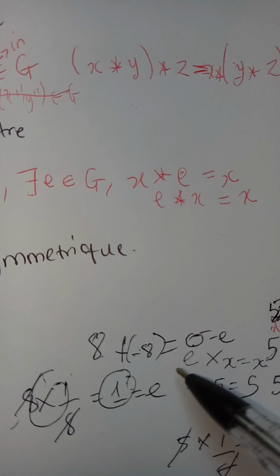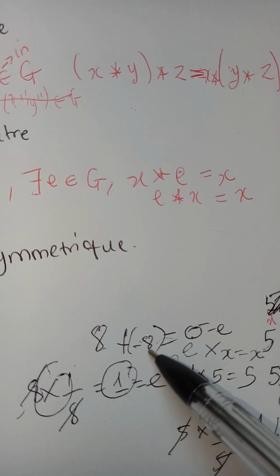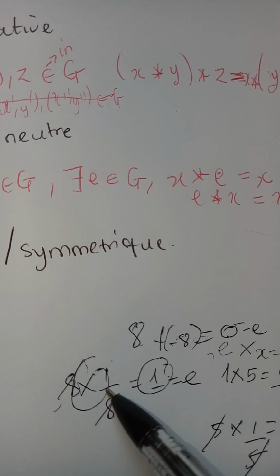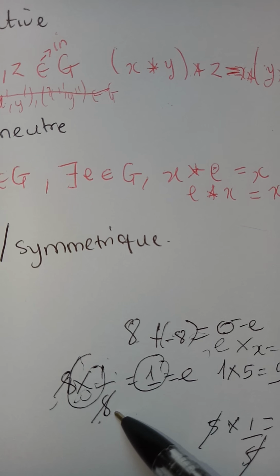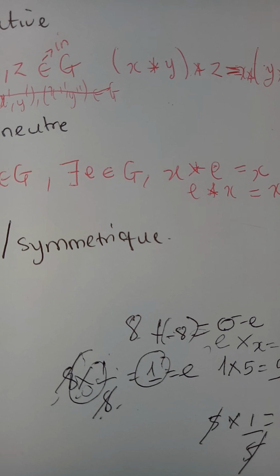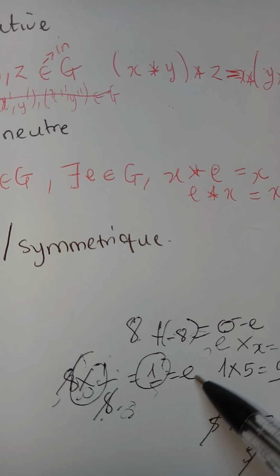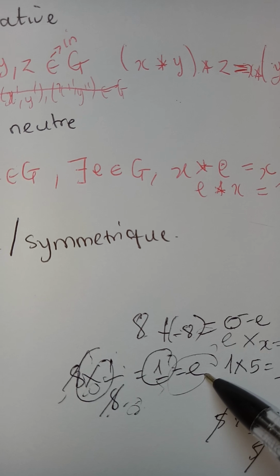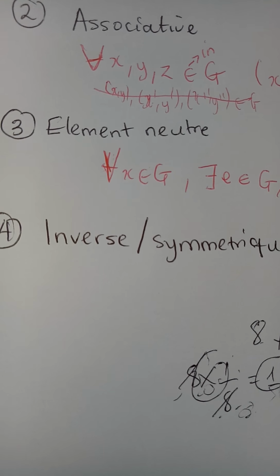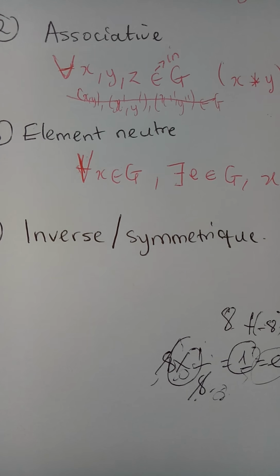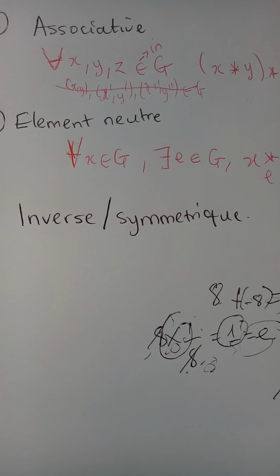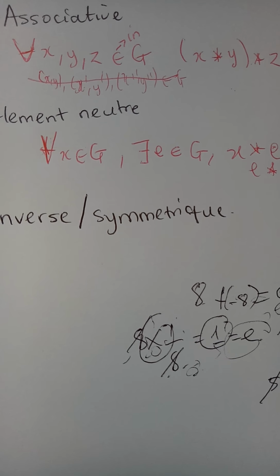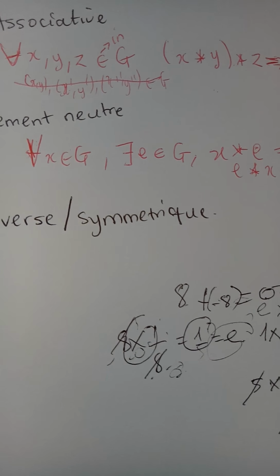So the symmetric or the inverse for 8 is negative 8. The inverse or the symmetric for 8 in multiplication is 1 over 8. And whatever you do with the symmetric, you will get the element neutre. That's exactly what inverse and symmetric is trying to say.